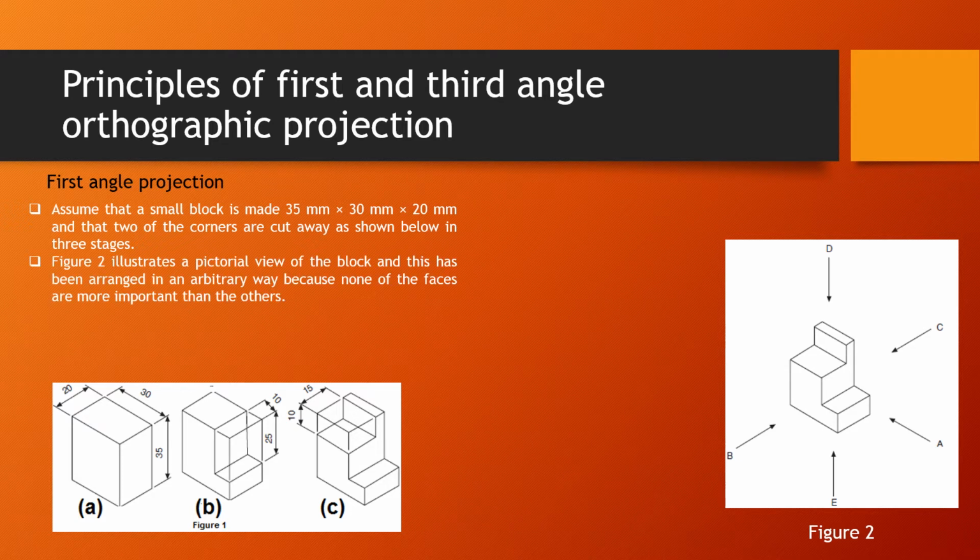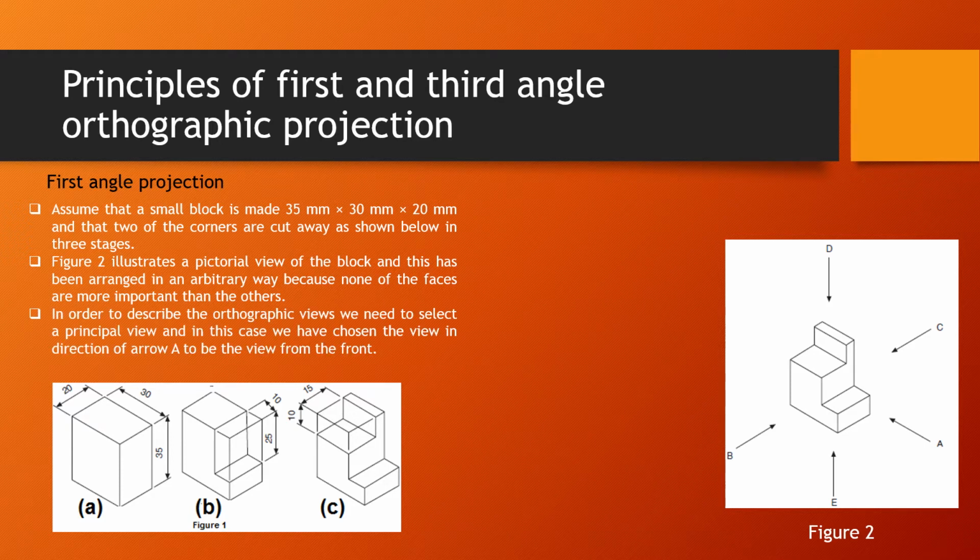In figure 2, we illustrate a pictorial view of the block, and this has been arranged in an arbitrary way because none of the faces are more important than the others. In order to describe the orthographic view, we need to select a principal view, and in this case we have chosen the view in the direction of arrow A to be the view from the front.